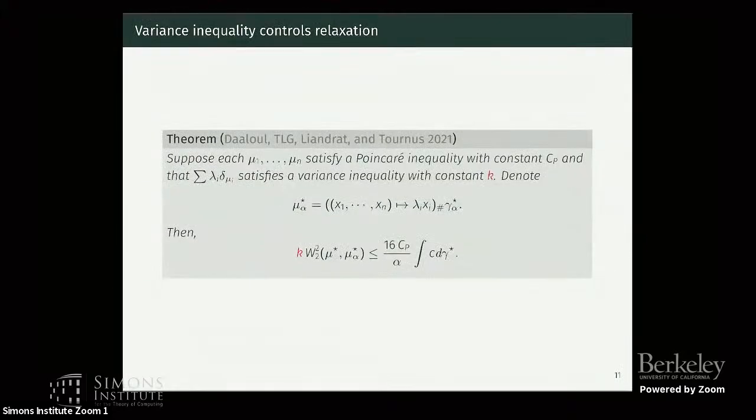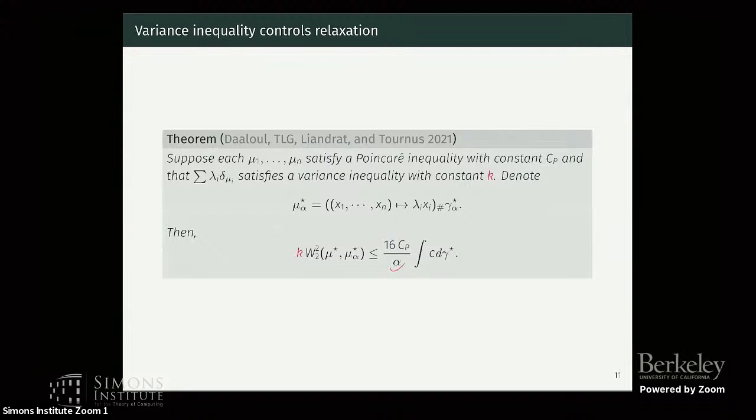And from this variance inequality, which I will go back to in a minute, we were able to show that the mu star alpha, which is the minimizer of my f alpha, or the barycenter associated to the minimizer of my f alpha, is close to my mu star with a rate that is 1 over alpha.